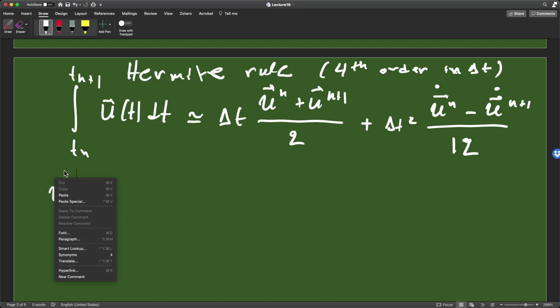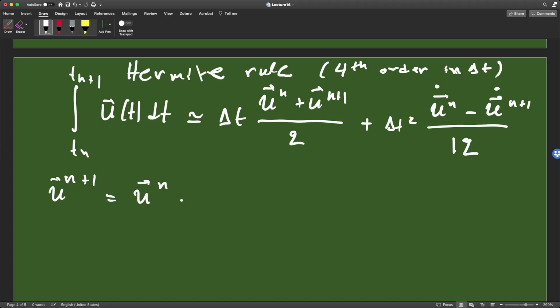U n plus 1 equals un plus 1/2 delta t L. So that's the first term from the trapezoidal rule, which is un plus un plus 1.